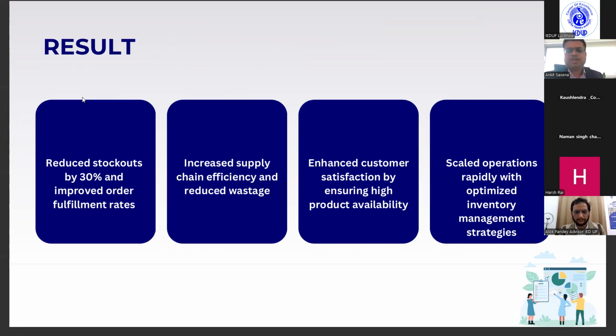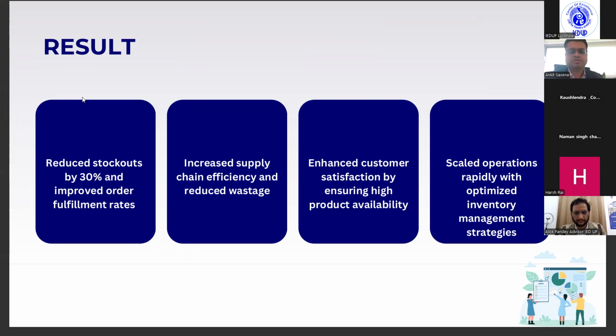So basically, if we integrate the technology part, if we integrate AI, ML, and IoT sensors, and if we are able to create decentralization of inventory management, then we'll be able to reduce stockouts by 30%. So there is a 70% chance that you are facing a stockout situation, but your fulfillment rate improves very highly, and your stocking requirements and the cost related to handling of the products go very low.